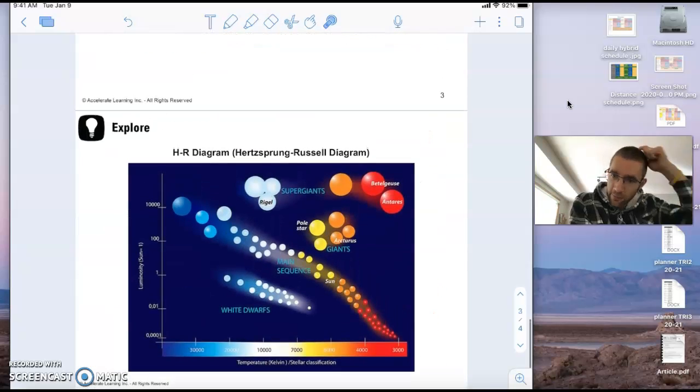Okay, so like I said, this is your HR diagram. The HR diagram that you were to compare to looked like this. It made it a little bit more clear where some of those stars are, and also gave you an idea of proportion of size, right? Okay, so again, creating this line down the middle of the HR diagram are the main sequence stars. Just off of the main sequence, we've got giants. Okay, varying different colors.